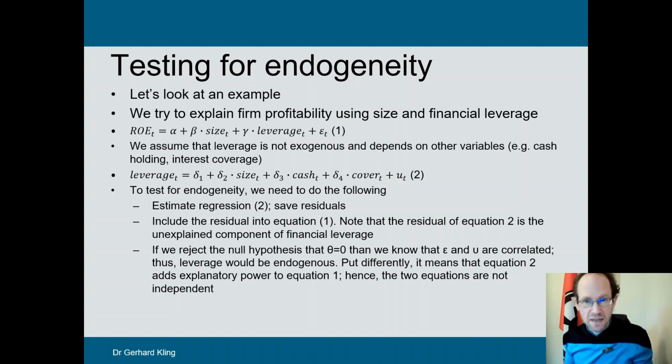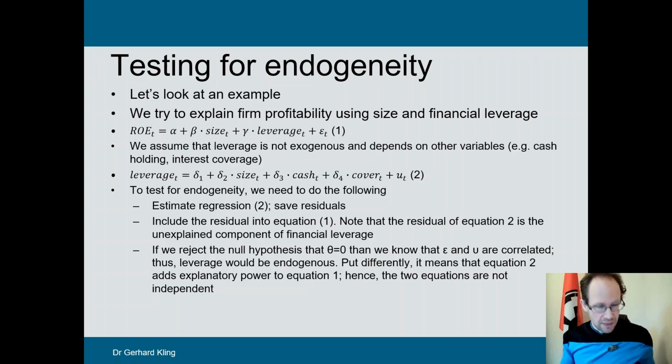If they are identical and I put both into equation 1, one of them will simply drop, because they would be collinear, and Stata would simply remove one of them. So there would not be any endogeneity. Endogeneity would be an issue if a significant proportion of the so-called independent variable leverage is explained by a set of other variables.